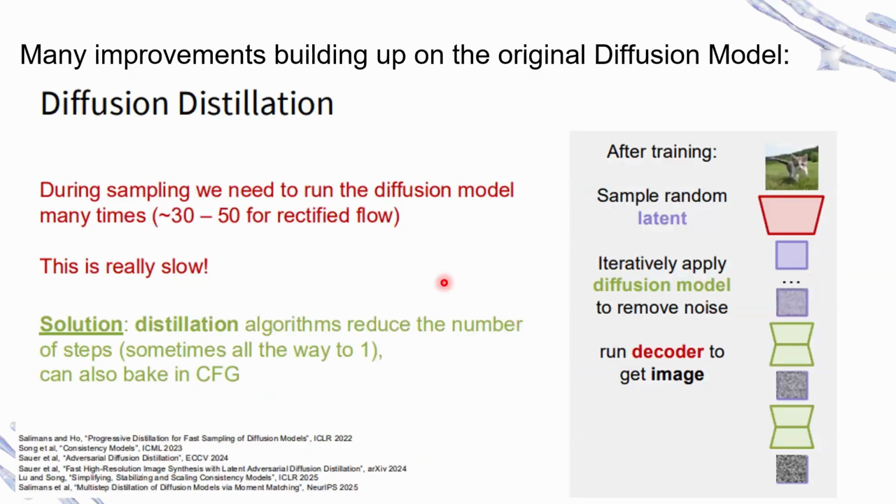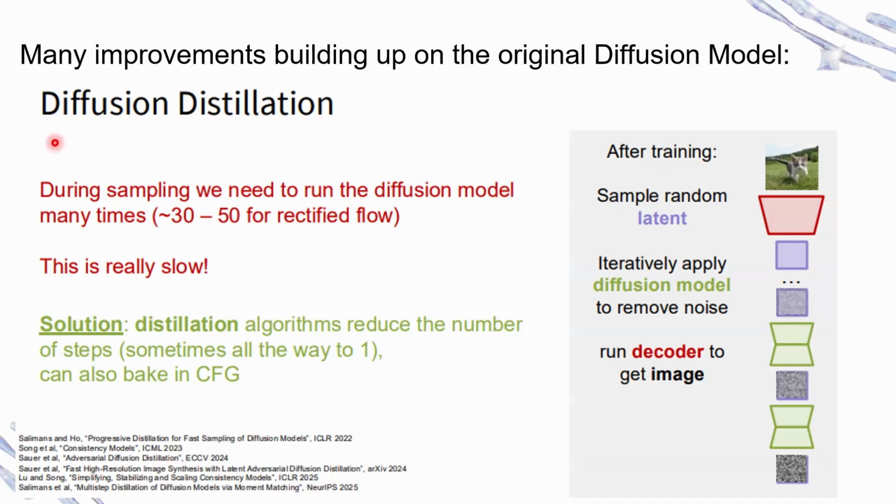And then a final improvement, you can see how recent these developments are, because diffusion distillation was in 2024, and then 2025. So it's very recent. This is the idea of using diffusion distillation.